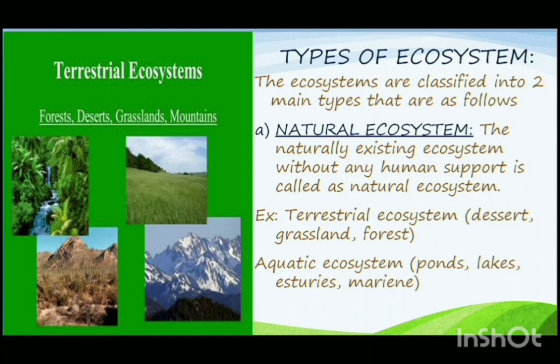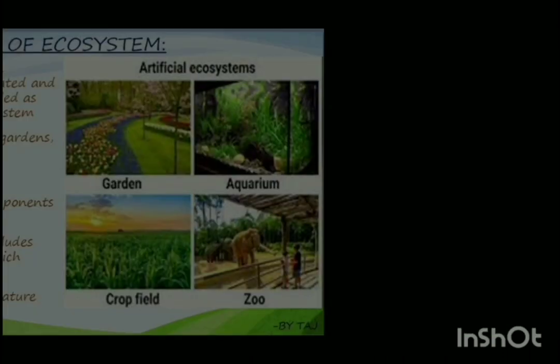That is terrestrial ecosystem, in that desert, grassland, forest, and aquatic ecosystem, with so many aquatic forms like ponds, lakes, estuaries and the marine. You have learnt about estuaries, that is the mixing of salt water and fresh water together, the meeting point of the two kinds of water. So this is about the natural ecosystem, terrestrial and aquatic types.